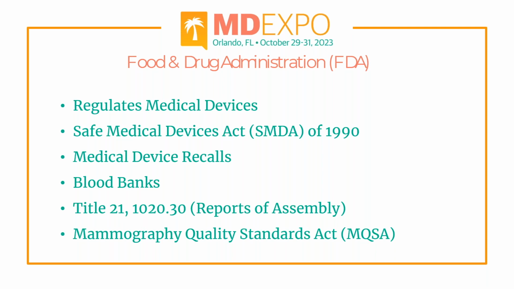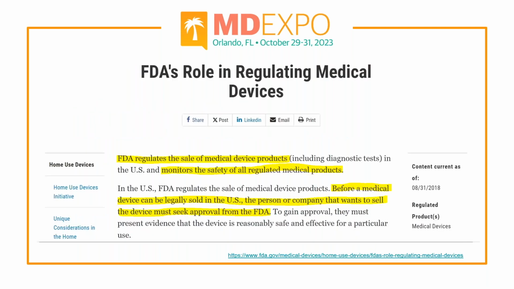You cannot operate a blood bank in your hospital unless it's licensed by the FDA. Those of you involved with the imaging side of the house, Title 21 talks about the report for assembly. And if your facility has mammography equipment, there are mammography standards acts too. So these are some common ones that we deal with at the hospital.